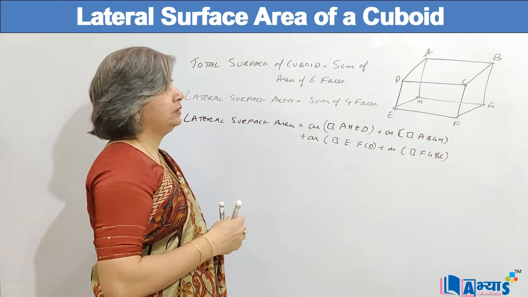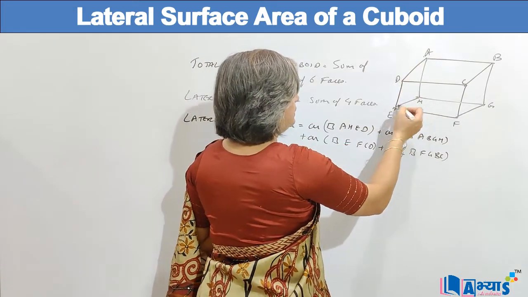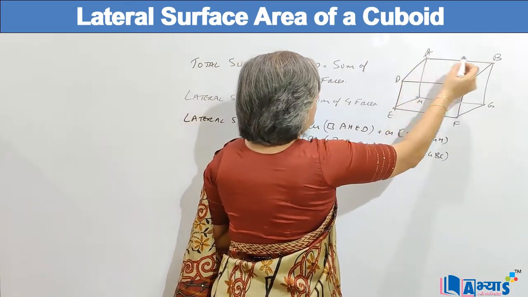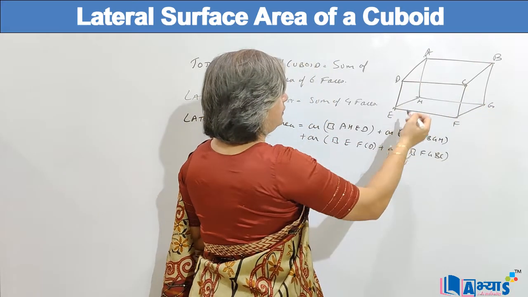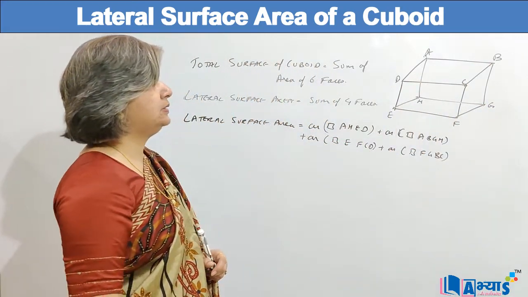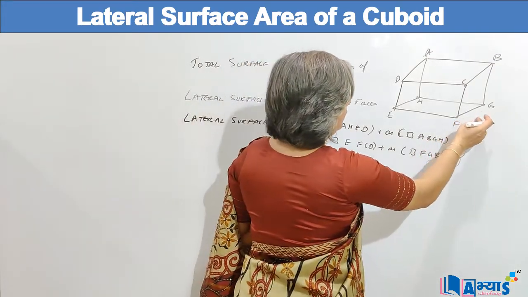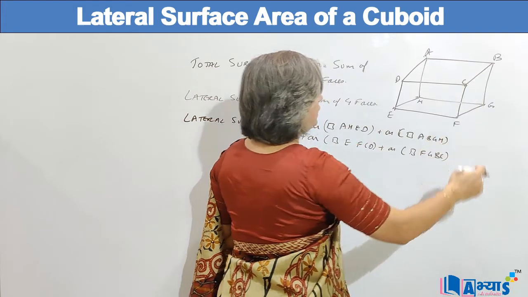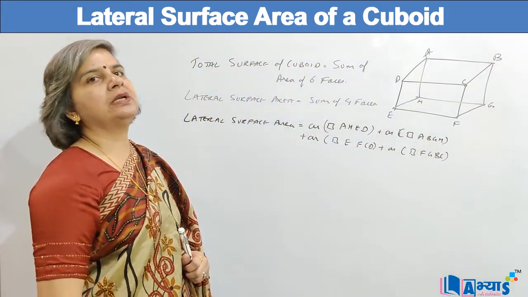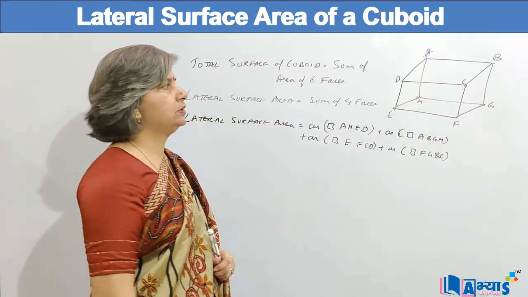That means the side face AHED, the front face ABGH, the back face DCFE, and the side face FGBC are the 4 faces that are to be included in the lateral surface area.